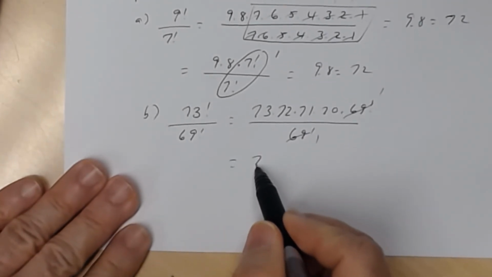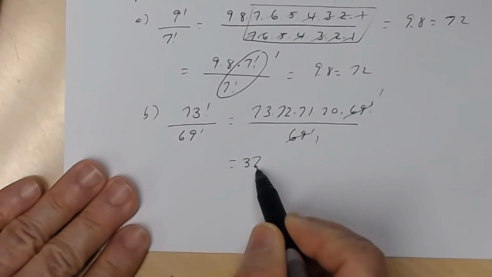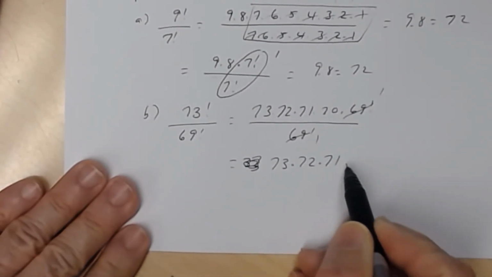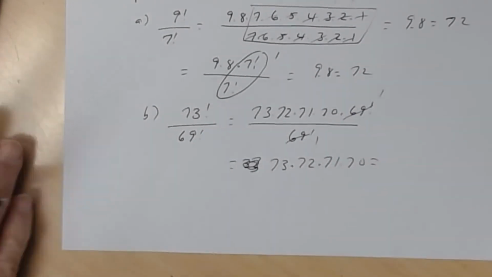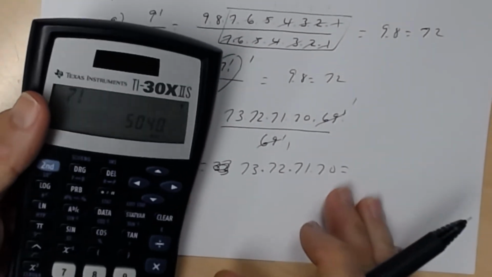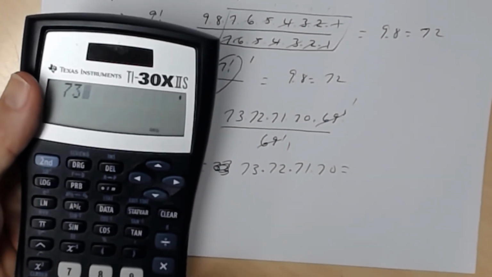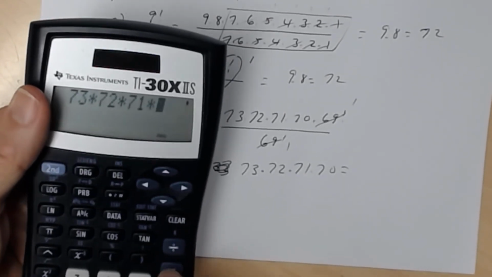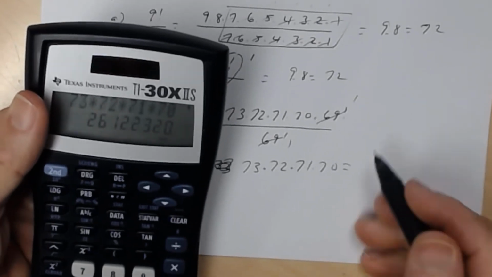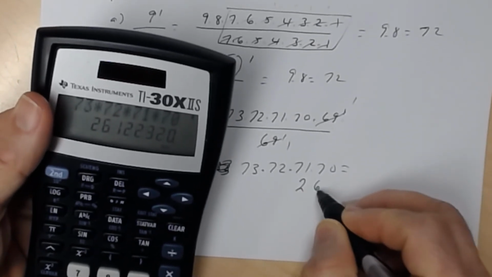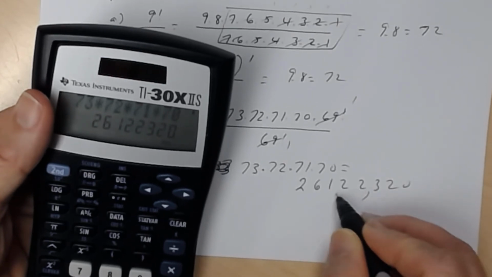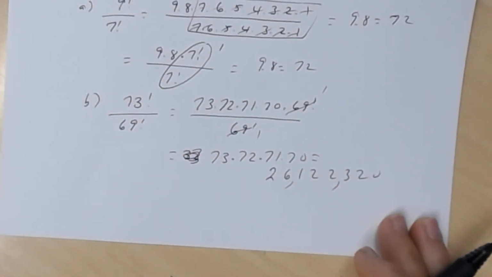You're left with 73 times 72 times 71 times 70. On your calculator, that gives us about 26 million.